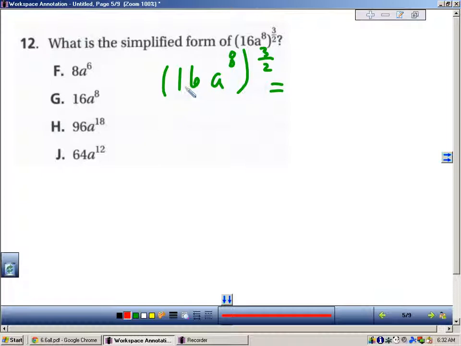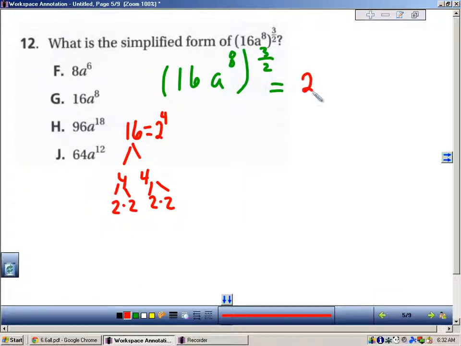So when I look at 16, I know that 16 is 4 times 4, or 2 times 2 times 2 times 2. So that would be 2 to the 4th. So I'm going to write 16 as 2 to the 4th. Right? So here we go. So I'm going to distribute.